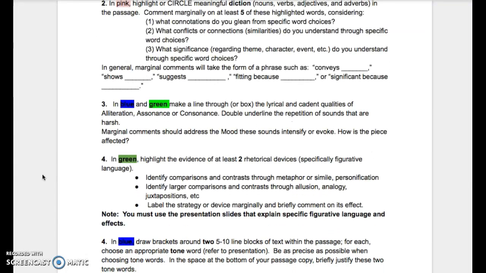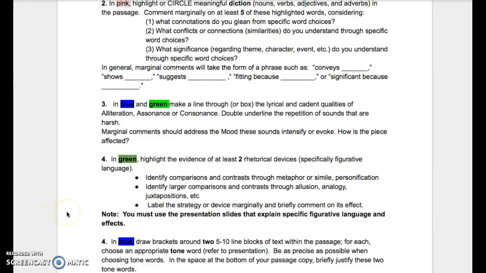You're looking at the lyrical and cadent qualities of the piece, the alliteration, the assonance, and the consonance. I just encourage you to strike through or box, make a line through with blue or green so that you hear those sounds. And you should be deciding whether those have a positive or negative impact on that piece and how that impacts it for meaning.